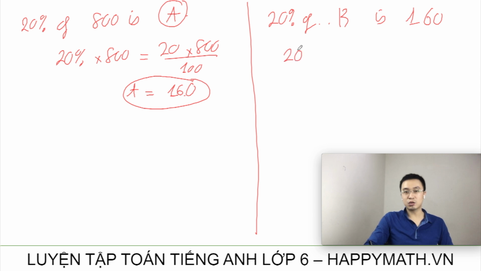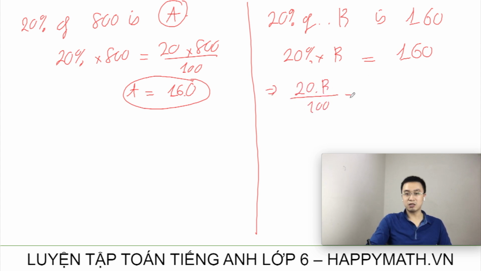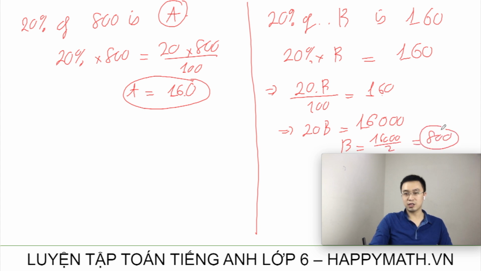So I will take the 20% multiplied with B, and in this case it has to be equal to 160. 20 multiplied with B divided by 100 equal to 160. 20B equal to 16,000. And B will be equal to 16,000 divided by 20, which is 800. Okay, that is the exercise form 1, and this one is form 2.